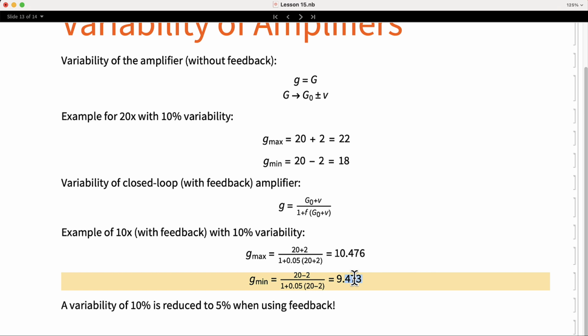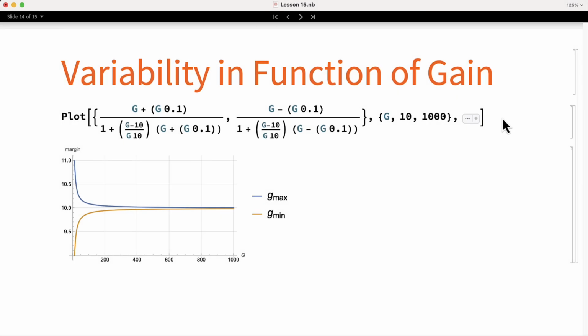Let's see what happens with the variability when the gain of the amplifier changes. This plot reveals something very interesting. What you are seeing is the minimum and maximum gain that an amplifier with feedback will have for different values of amplifier gain.